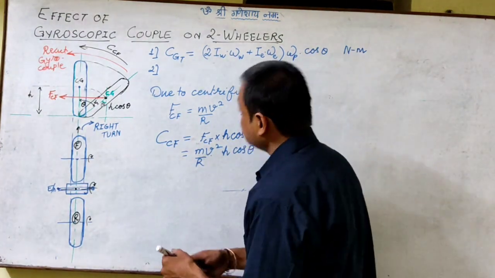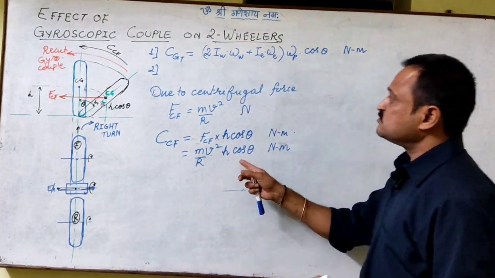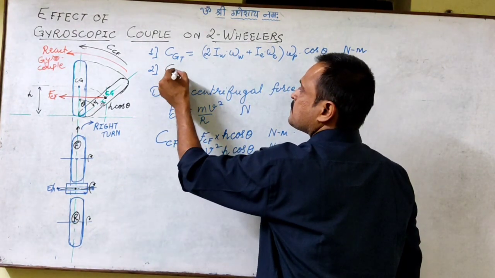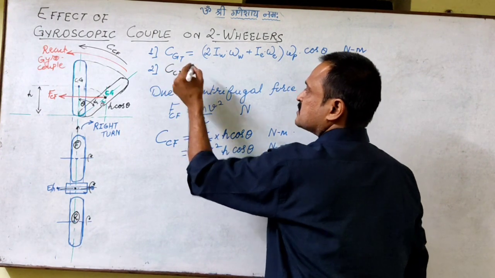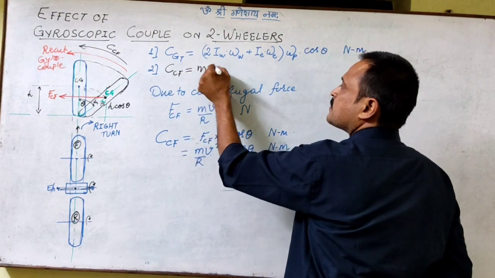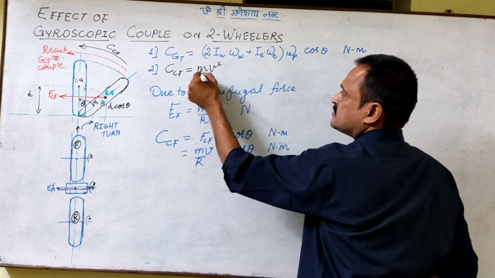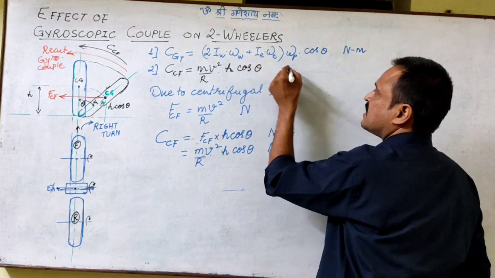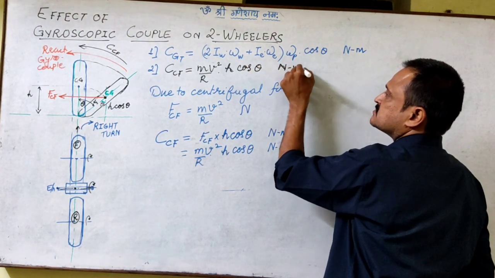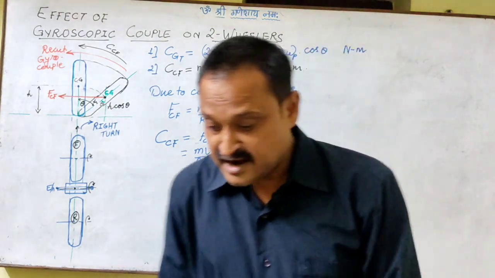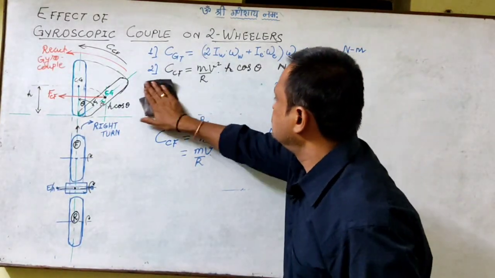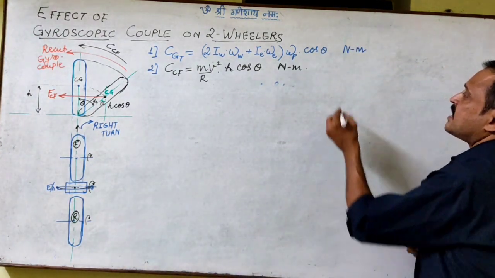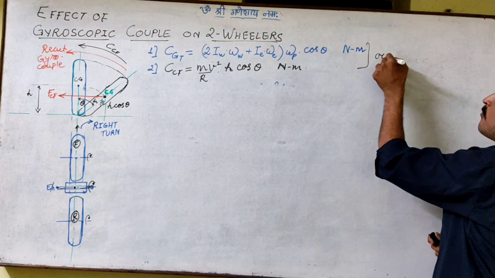So the couple due to centrifugal force has come out to be mv square by r h cos theta Newton meter. This will be the magnitude, and both these couples are acting outward.